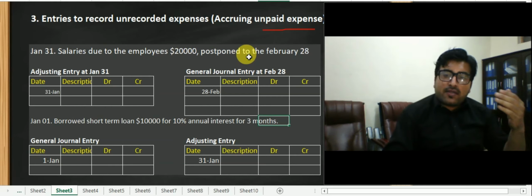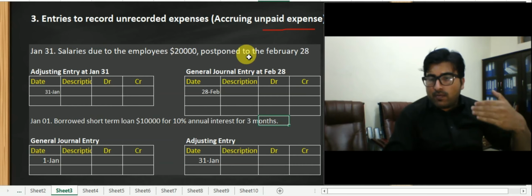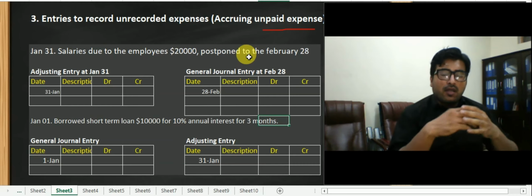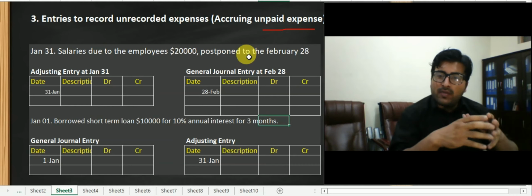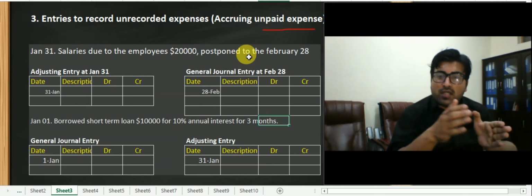Or it's to pay the rent, but the company is planning to pay it in the next month. Or the taxes, sometimes they defer the taxes, right? So this is quite normal in businesses. Expenses incurred but not yet recorded.